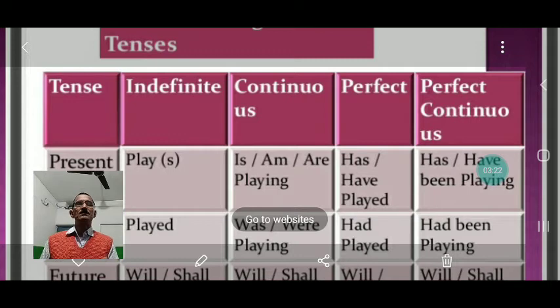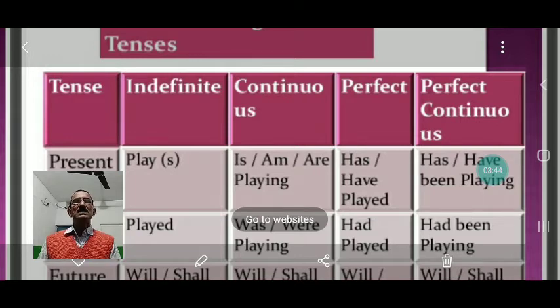Plays, V5, means S or ES is used if the subject is third person singular number. As for I, we, and second person you and third person they, it means you have to use the present form of the verb.